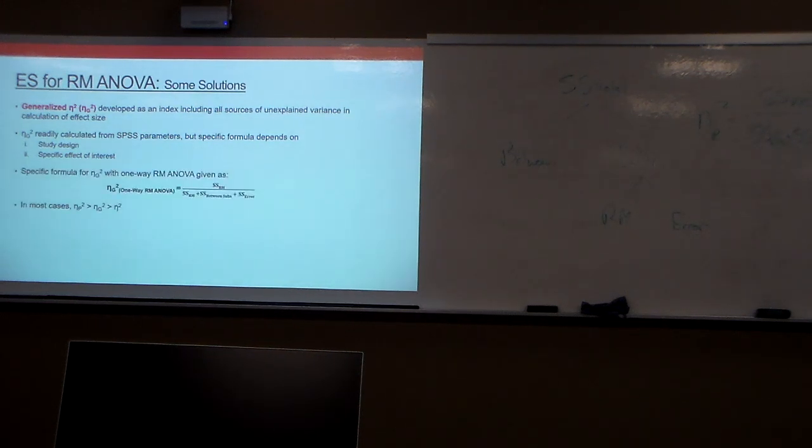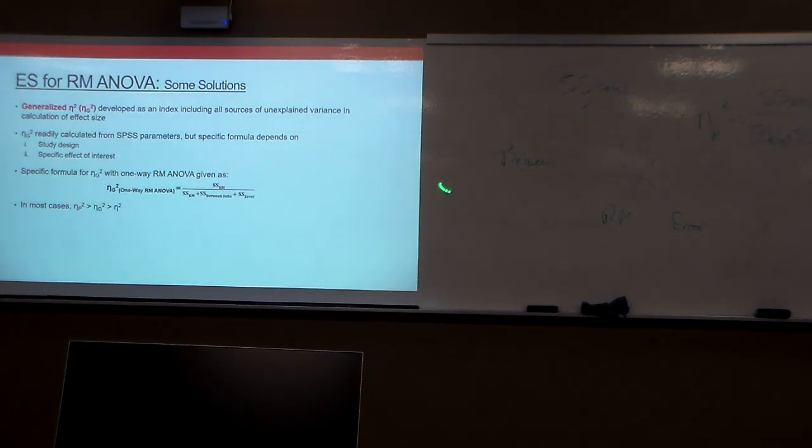Okay. So for our one-way repeated measures ANOVA designs, it's pretty simple and straightforward. What we've got is the sum of squares for our repeated measure over our sum of squares for our repeated measure plus our sum of squares for our between subjects plus our sum of squares error for the repeated measure.